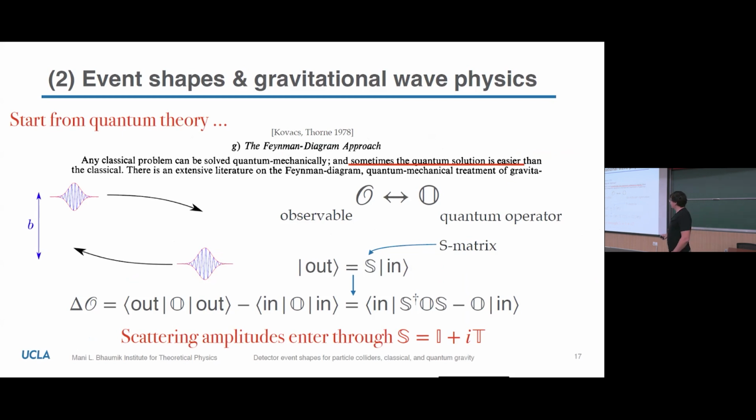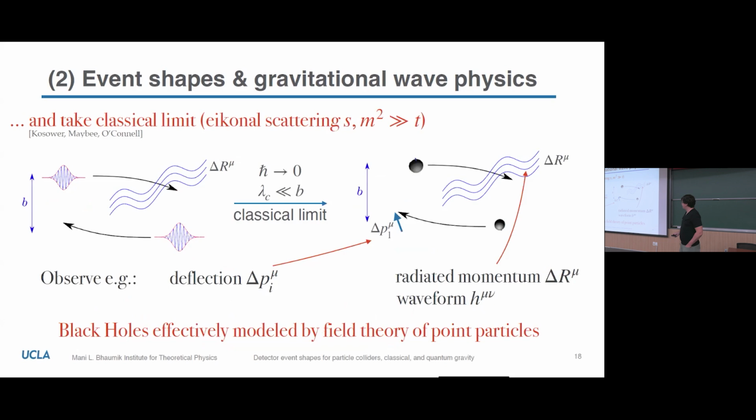If you're interested in the change of some observable between the asymptotic future and the asymptotic past, we can take expectation values of this operator O. Since the asymptotic future states, the out states in the theory, are related to the in states via the time evolution operator, i.e. the S matrix, we can write this change in observables in terms of S matrix elements.